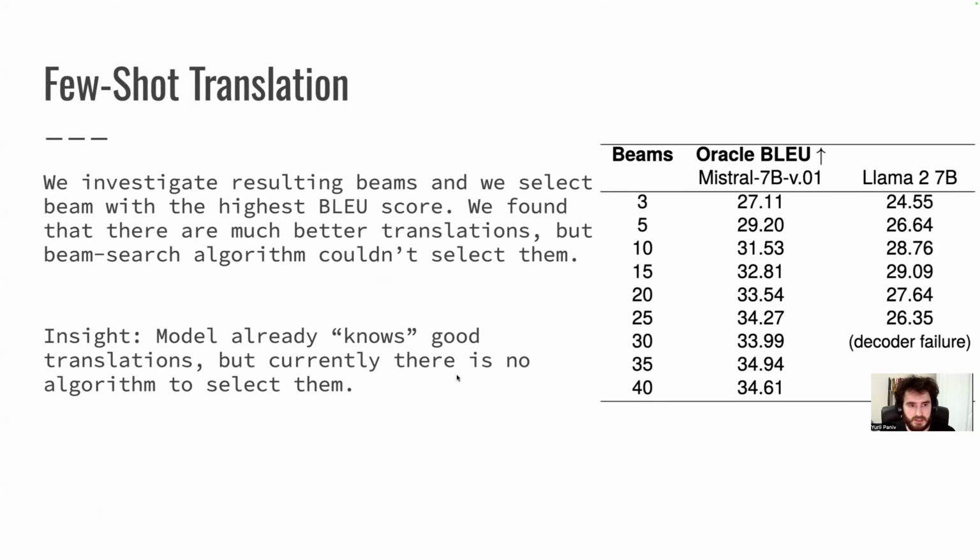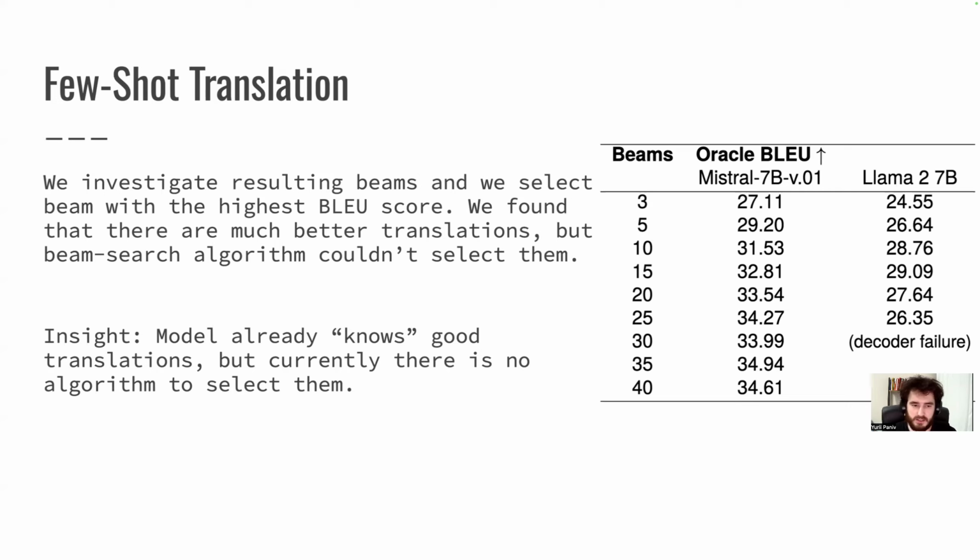Also, we investigated few-shot translation, and we investigated beam search specifically, looking for sentences that achieve the highest BLEU scores in the resulting beams. We found out that there were much better translations inside those beams, but the algorithm couldn't select them, unfortunately.